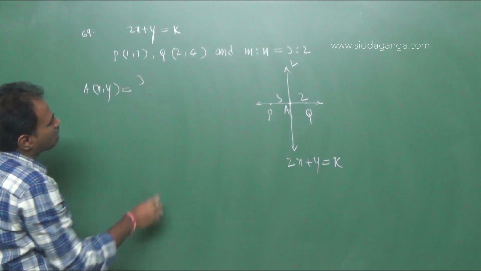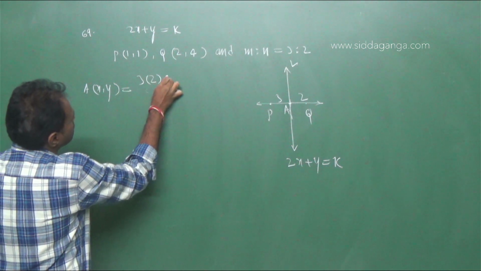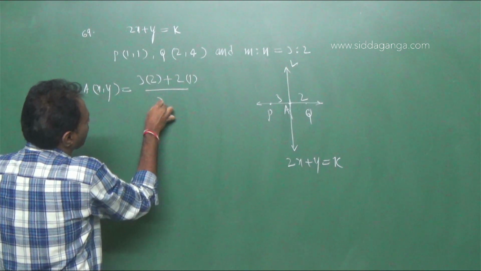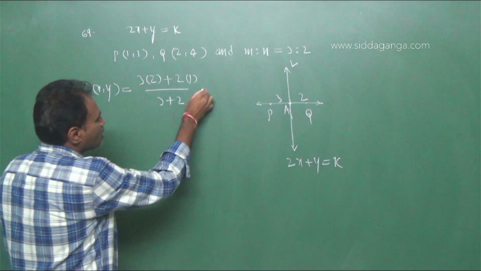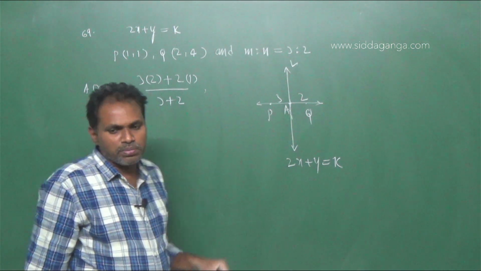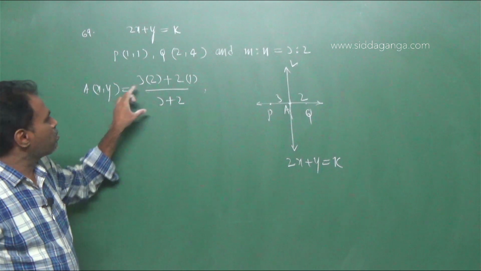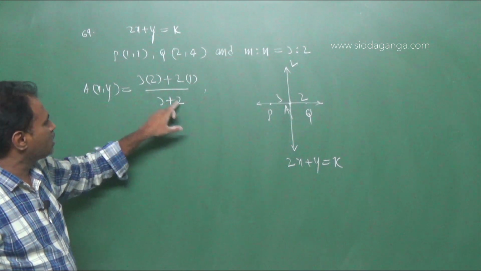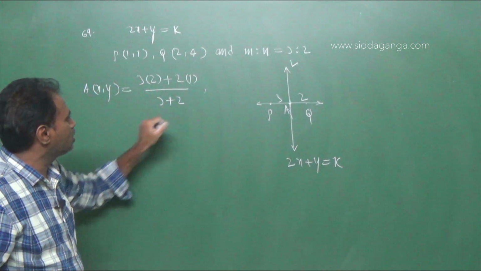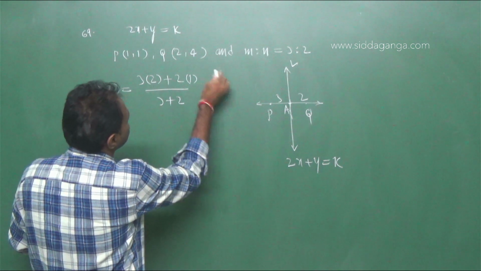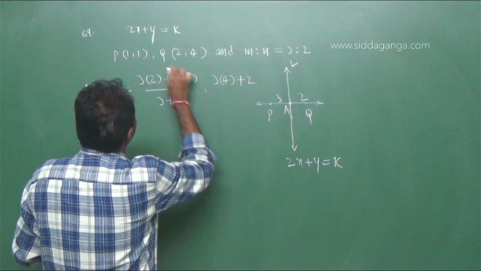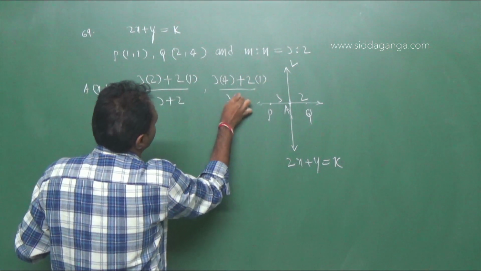The m value is 3 into x2, that is 2, plus n value 2 into x1, that is 1, divided by 3 plus 2, and m y2, 3 into 4, plus n y1, 2 into 1, divided by 3 plus 2.